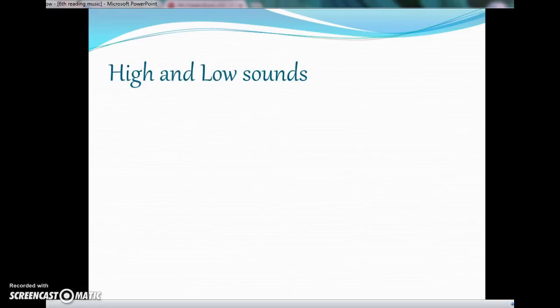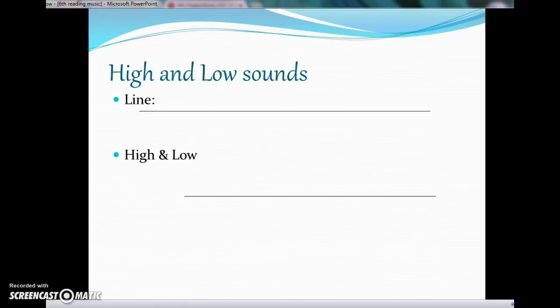So when we look at high and low sounds, we used to look at them with a line. We used to look at sounds that went above or below the line. And when we started with those high and low sounds, high sounds went above the line because they were going up. And when we looked at low sounds, they went below the line because they were going down.